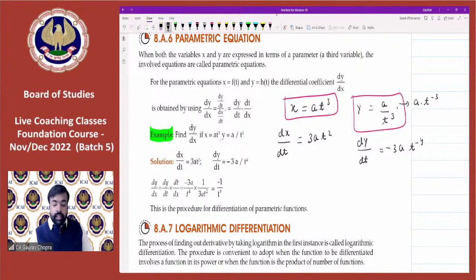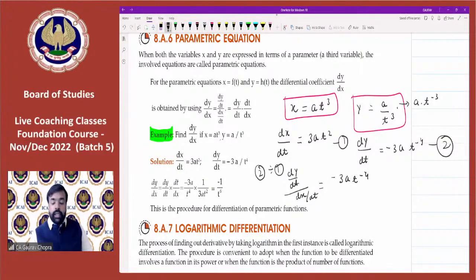So we can divide the second equation by the first: dy by dt upon dx by dt. So we get minus 3a t to the power of minus 4 upon 3a t square.